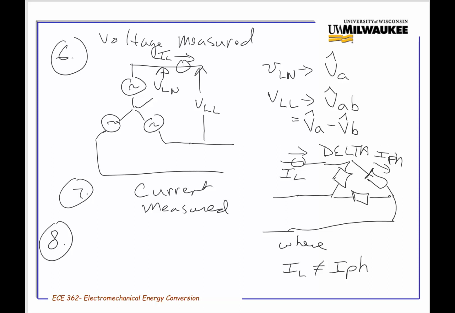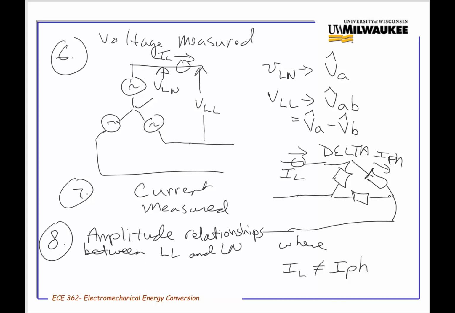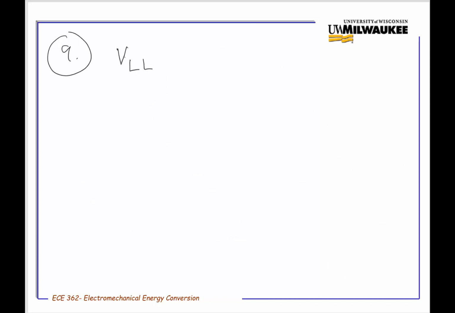There are amplitude relationships between line to line and line to neutral, or line and phase. The line to line voltage in any three-phase system is equal to square root of 3 times the line to neutral voltage.